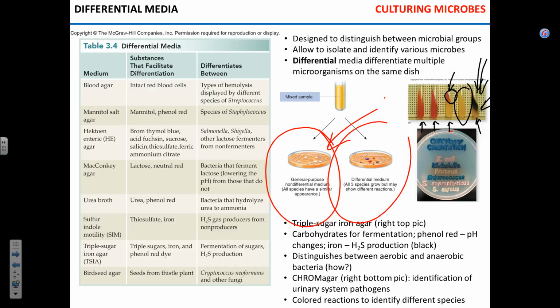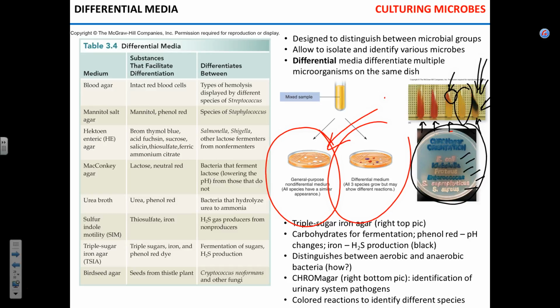Okay? How important is the differential medium. This is the chromagar. You see the list of pathogens. E. coli, Klebsiella, Proteus mirabilis, Enterococcus faecalis, Staphylococcus saprophyticus, Staph aureus. Those are the most common pathogens of the urinary tract in humans.